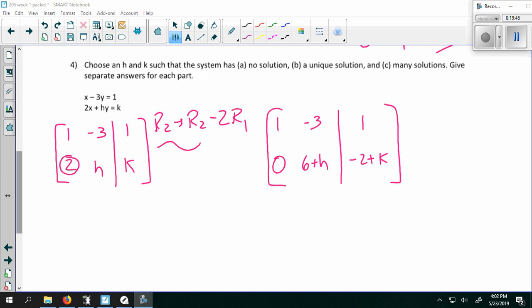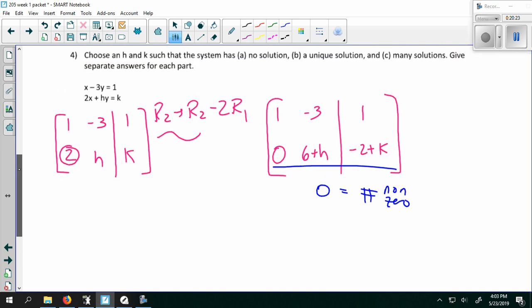Okay, what determines whether this system has no solutions or solutions? We'll talk about unique and many in a minute. But what makes something have no solutions is when this row says 0 equals a non-zero number. That's when you have no solutions, because 0 equals a non-zero number is just not true.